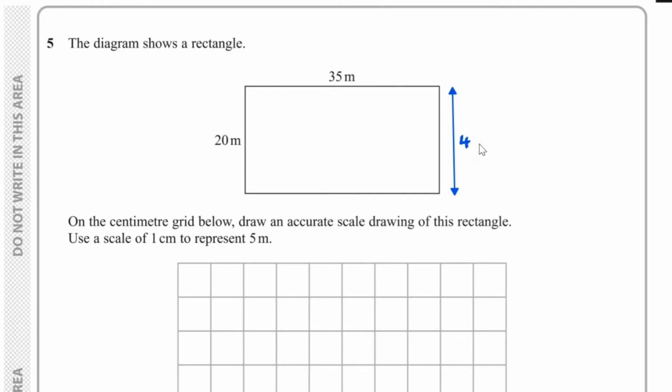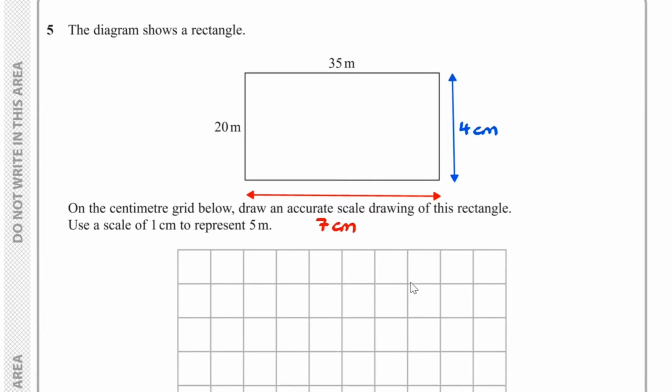And so we would have 4 centimeters here, and across here we have 35 meters divided by 5 meters, which is 7. And so we have 7 centimeters going across.